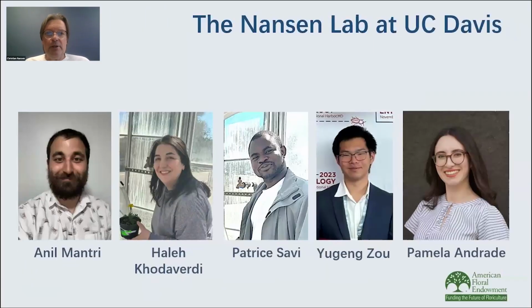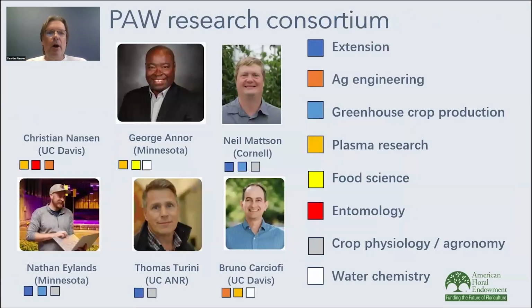Before we get back to plasma activated water, I just want to mention that what I'm going to be talking about is obviously part of a team. These are the team members that are part of my team here at UC Davis, and you will be seeing some of the work that they have been doing. But we are also part of a much bigger team.